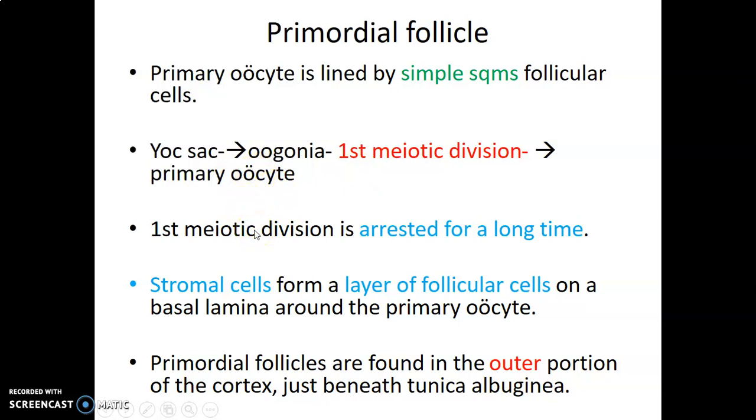Now, this first meiotic division is usually arrested at prophase, and this takes very long. Stromal cells usually form a layer of follicular cells on the basal lamina around the primary oocyte. The primordial follicles are found at the outer portion of the cortex, and this is just below the connective tissue, which is the tunica albuginea.